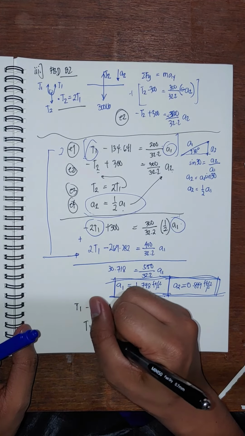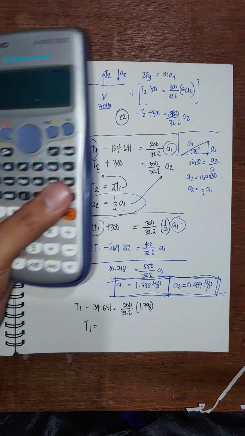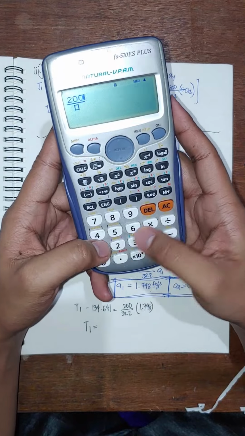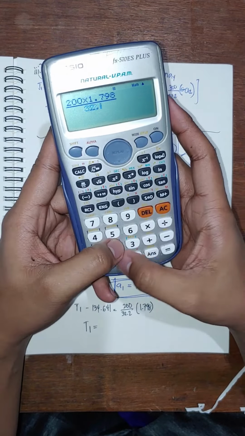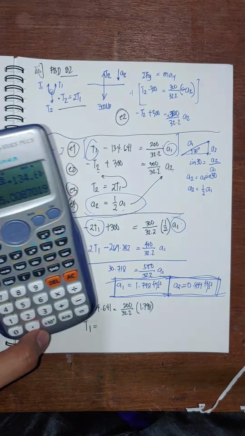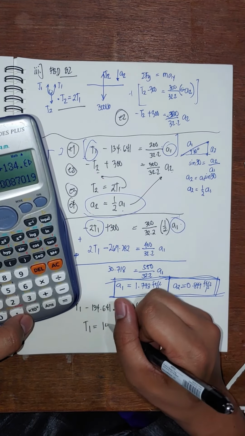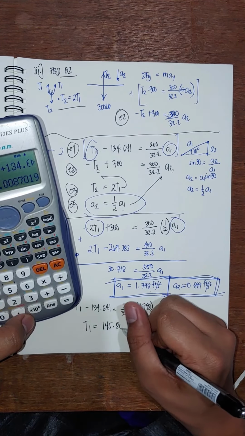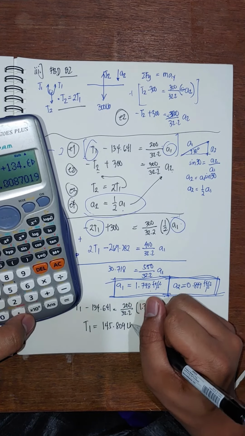From this equation, tension 1 is equal to 200 times 1.798 over 32.2 plus 134.641. That is 145.809 pounds.